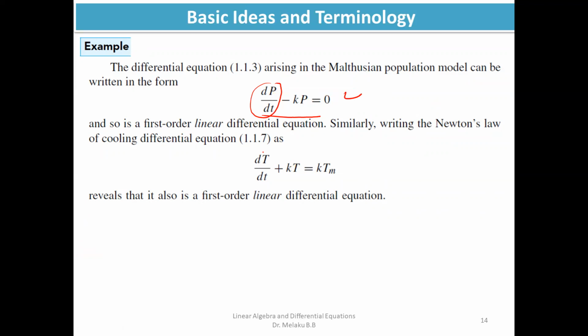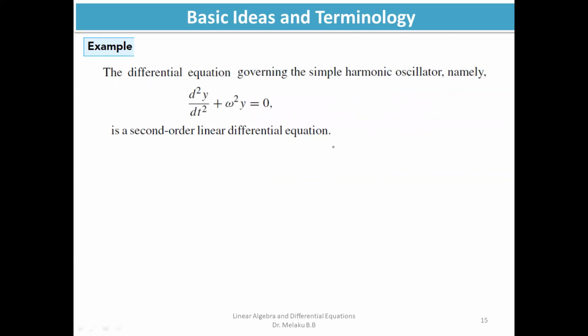And this was also Newton's law of cooling, after rearranging, yeah. So can we say that this is also a linear differential equation, dT by dt minus kT equals kTm? Yeah, this is also good.